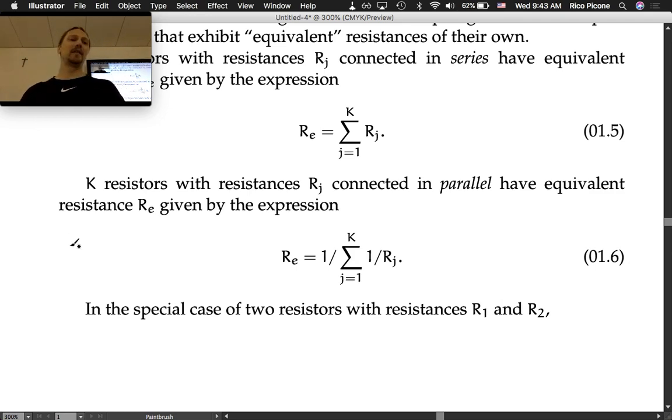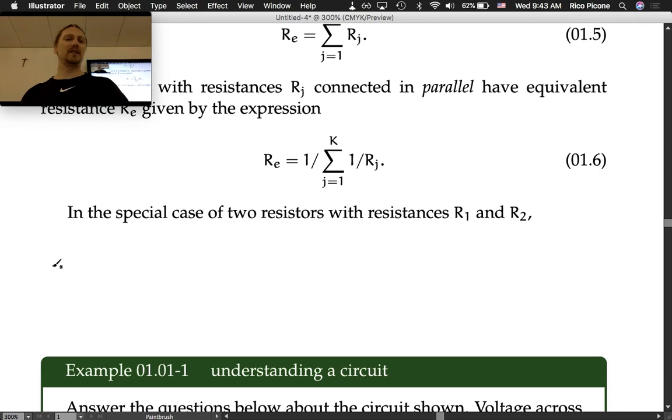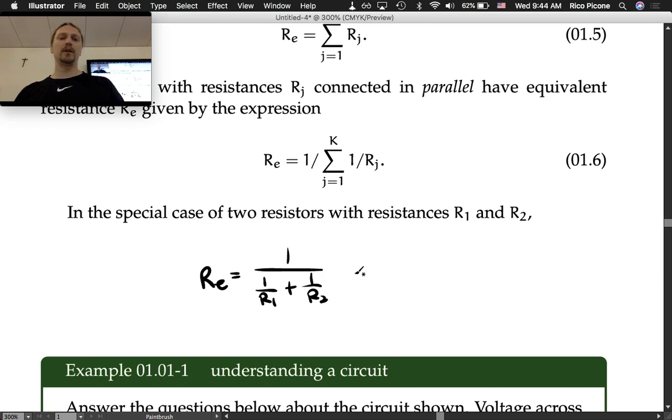So if it's just two resistors, R1 and R2, we have that Re is equal to 1 over 1/R1 plus 1/R2, which is equal to, doing a little bit of simplification, R1 R2 over R1 plus R2.